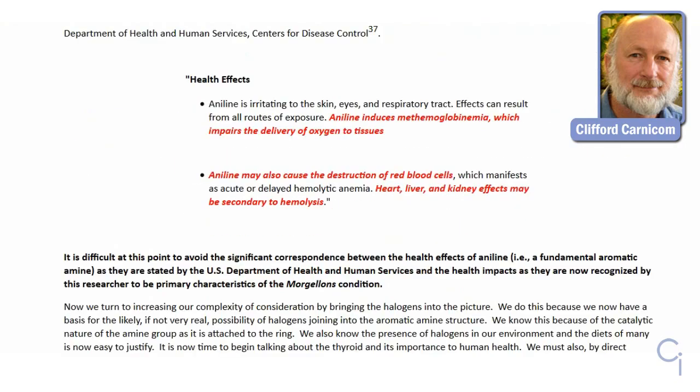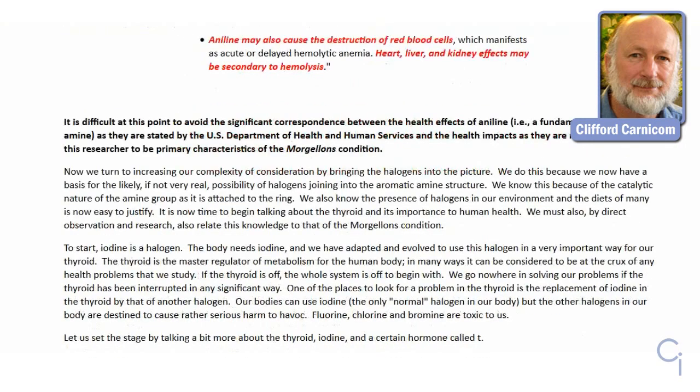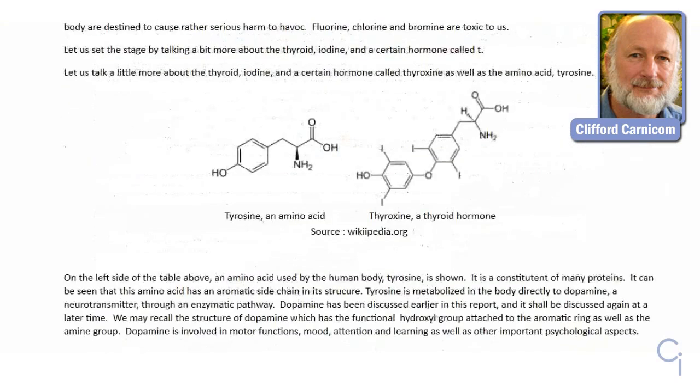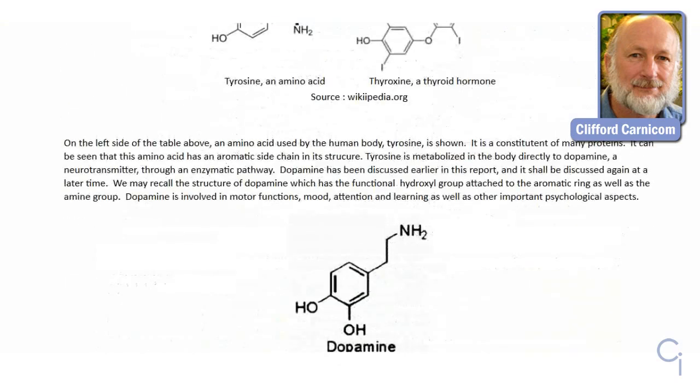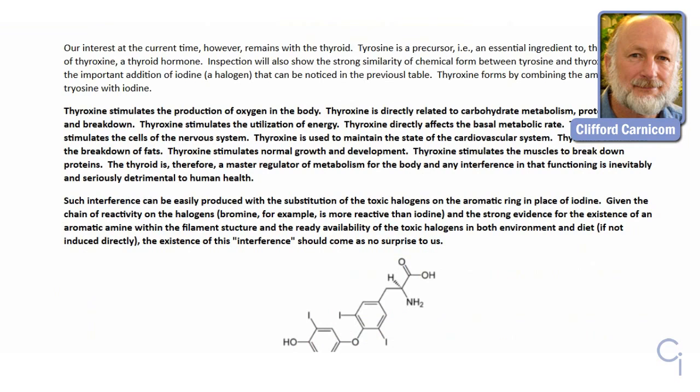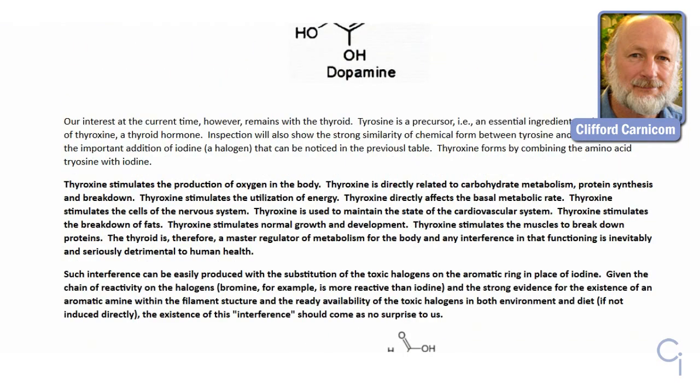I'll have these effects listed in here. I'd have to go through them, but they're plain and simple. The body doesn't like these guys, other than iodine. And if we want to find them in the list of the paper, we will. But halogens are bad news, with the exception of iodine.